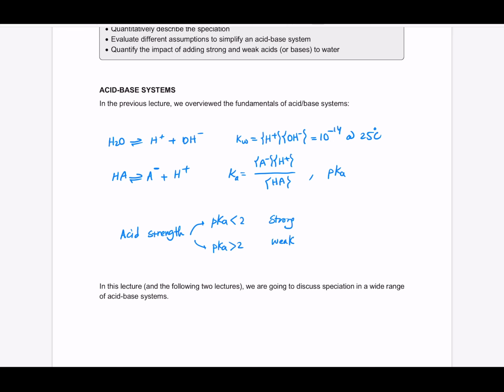And a strong acid means we have more protons introduced to the system compared to a weak acid for the same initial concentration of the acid itself. So as I mentioned, in this lecture and the following two lectures, we're going to talk about speciation and doing the calculation for speciation. So a very useful information.